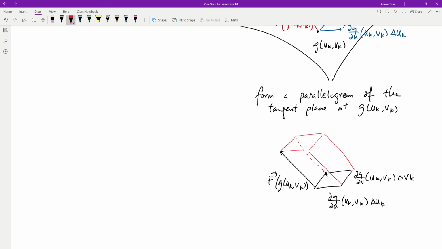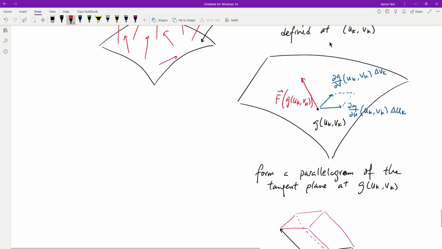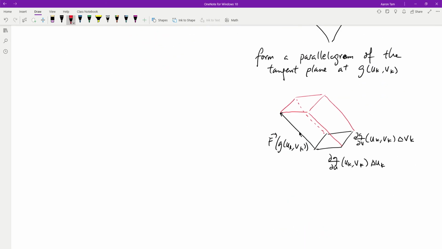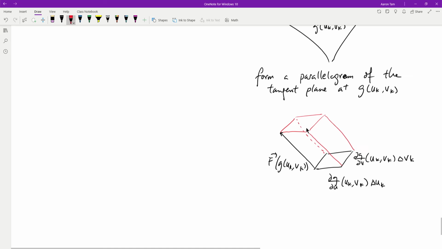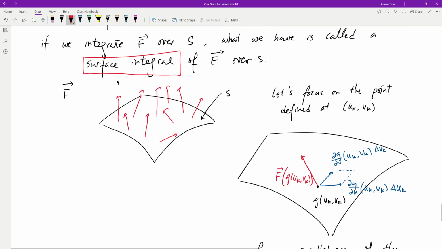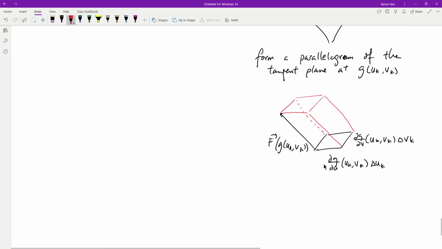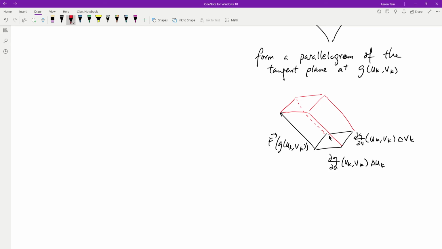So I can now approximate this surface integral by having a whole bunch of these parallelogram prisms, and adding up the volumes to represent what we want as a surface integral. But of course there's a problem. The problem is that this prism is not a right parallelogram prism because of the way the vector f points in a different direction.